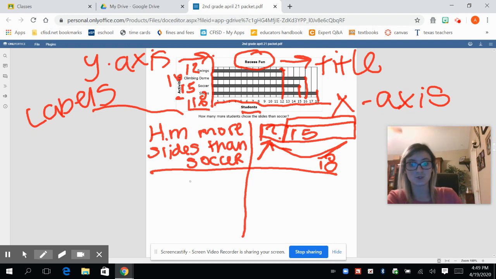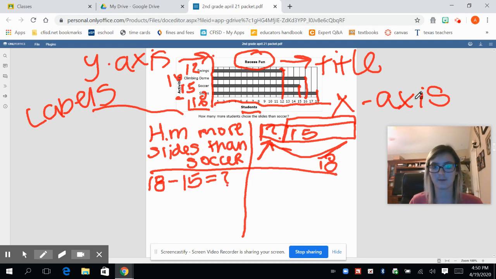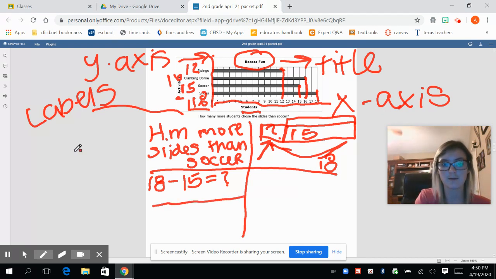So let's go to the bottom box. What are we going to do? Well, we're going to take 18 and subtract 15 to equal the answer. We are going to use our place value. There are tens and ones. We had 18, 1, and then 1, 2, 3, 4, 5, 6, 7, 8.